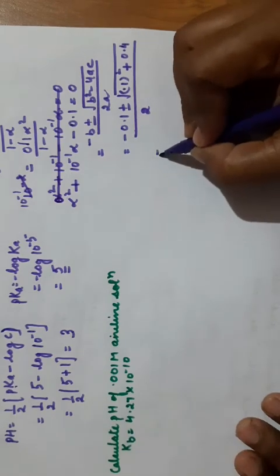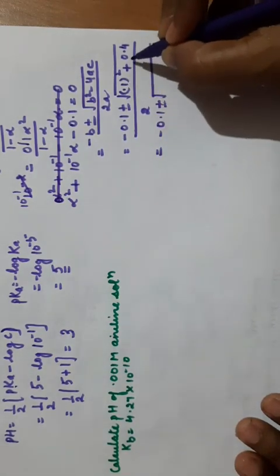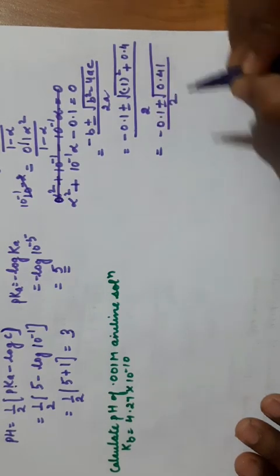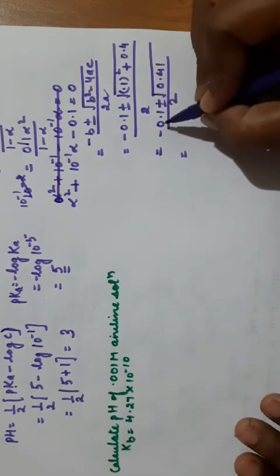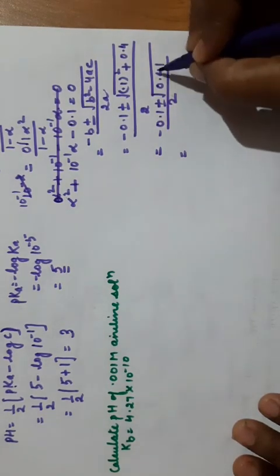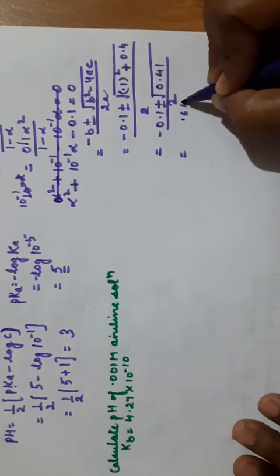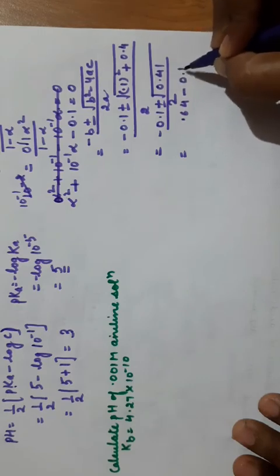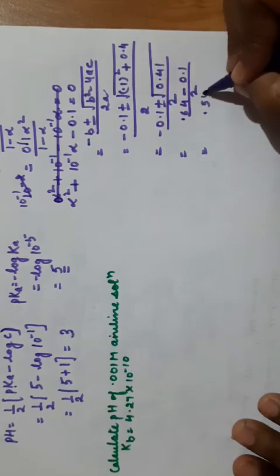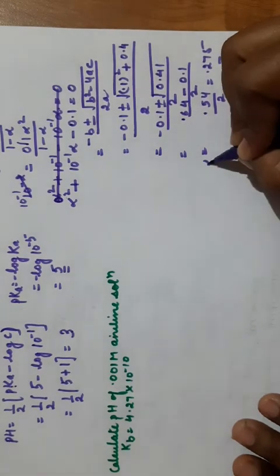So we can write here minus 0.1 plus minus, it is 0.01 plus 0.4, 0.41 upon 2. Now we will not take the negative term because alpha cannot be negative. Here we will take the positive term. So it will become the square root of 0.41 is 0.64 minus 0.1 upon 2. So it becomes 0.54 upon 2 is equal to 0.275. This is the value of alpha.